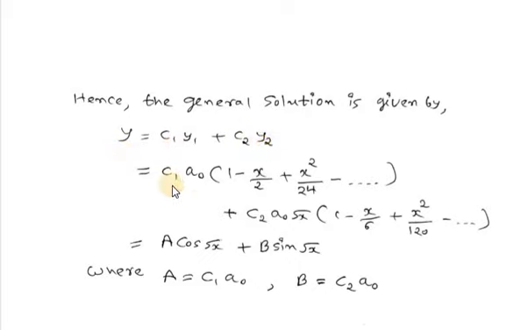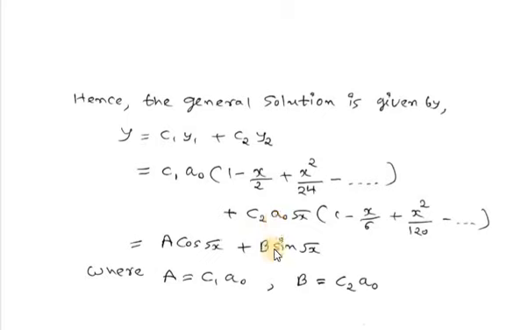Now the general solution is given by this formula, that is y equals to c1 y1 plus c2 y2. So c1 will be as it is, y1 is this one, plus c2 as it is, and y2 is this one. Now consider c1 a0 equals to a. Replacing c1 a0 by a, this is nothing but the Maclaurin series of cosine of root x. So we are replacing this series by cosine of root x. And then consider c2 a0 as b.